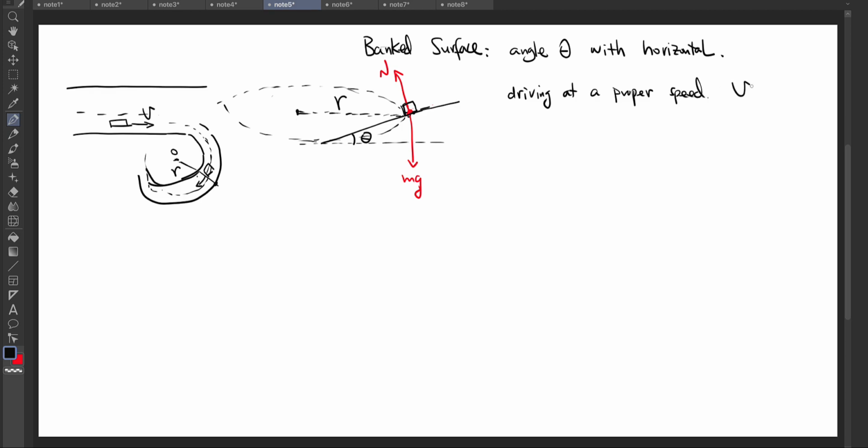Let's call this proper speed Vc, so that there is no static friction on the car. In that case, we don't actually need to draw the static friction. There's no static friction at all. Now let's see, is that possible? The answer is yes.